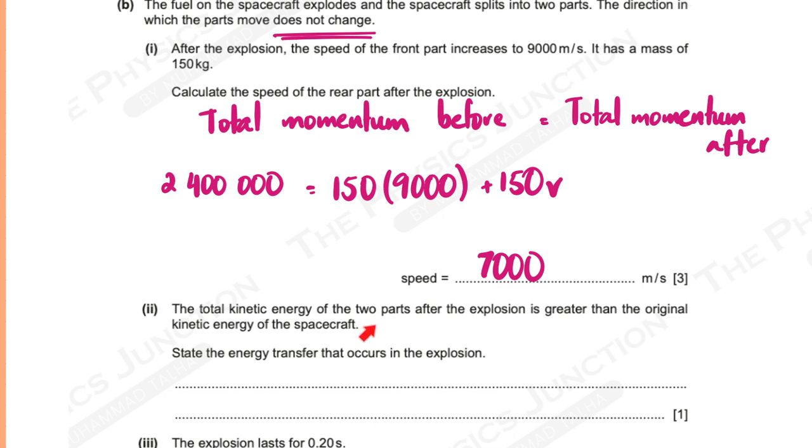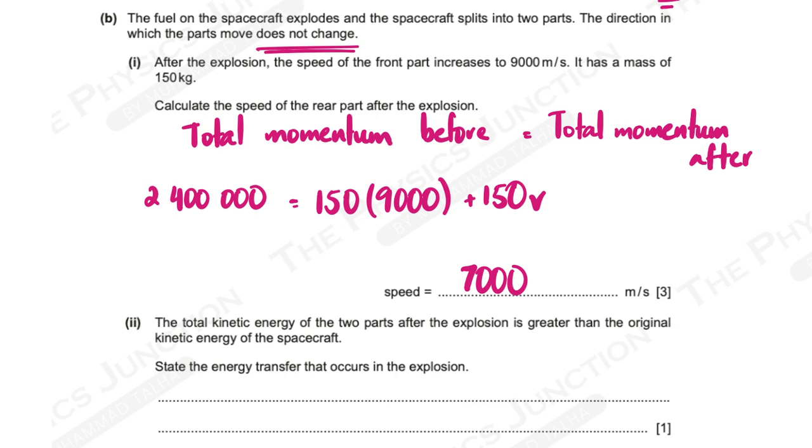Total kinetic energy of the 2 parts after the explosion is greater than the original kinetic energy of the spacecraft, right? So initially the kinetic energy was less, and afterwards it's greater. So this means that energy must have been transferred from some store into the kinetic energy.